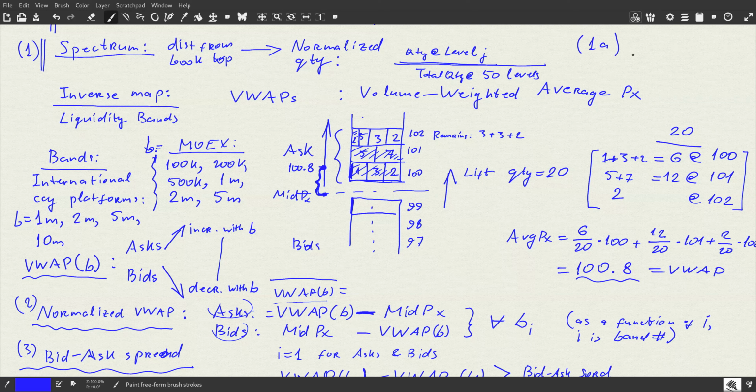Again, a spectrum, but now the normalized quantity will be the quantity at level J divided by your maximum band from feature set 2.